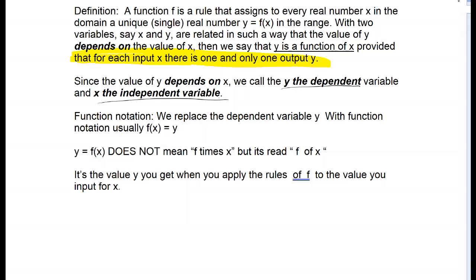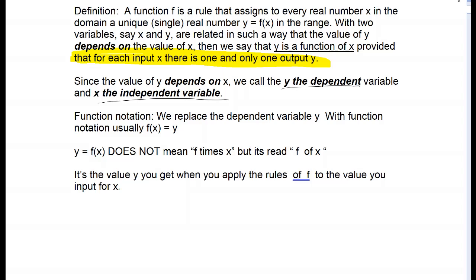Alright, so basically when we deal with functions, we're replacing the y part of an equation with a function expression. So instead of saying y equals some expression of x, we say f of x equals some expression of x. And it is read f of x. I take my function rules, the f rules, and I plug x into my function.